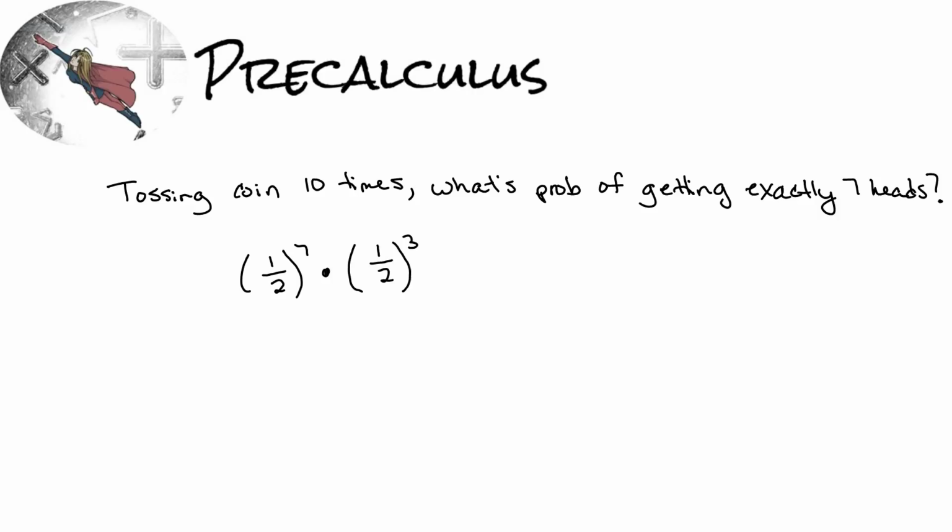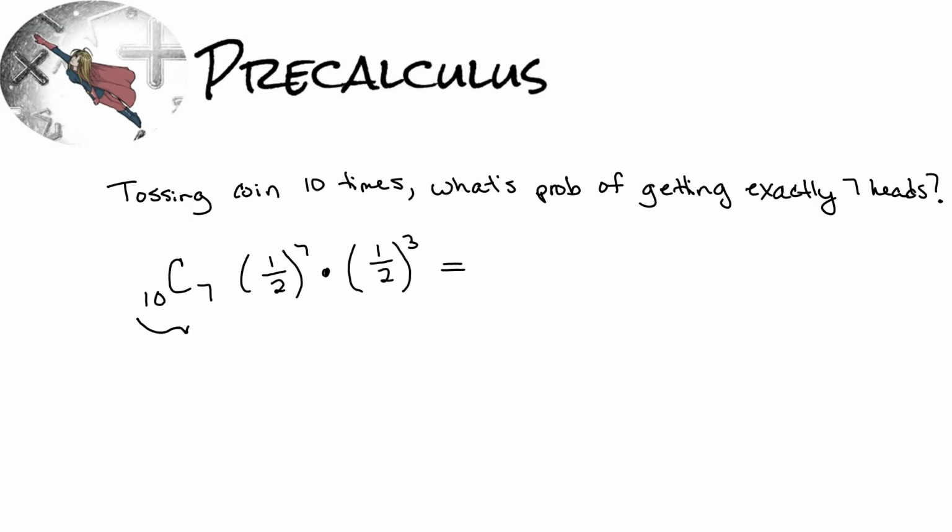Then there's this other part of the formula, which is a C, a combination, because we don't know which 7 tosses will be the heads, and that does increase the probability by thinking that through. So what we say is, out of the 10 tosses, we're going to choose any 7 of them to be the heads. And this right here is the binomial formula, and this will give you the correct answer.